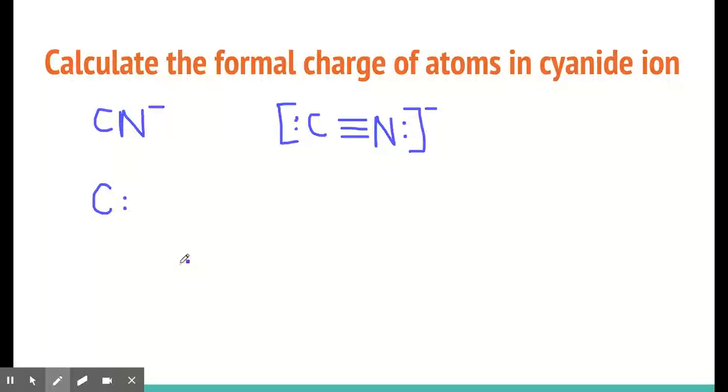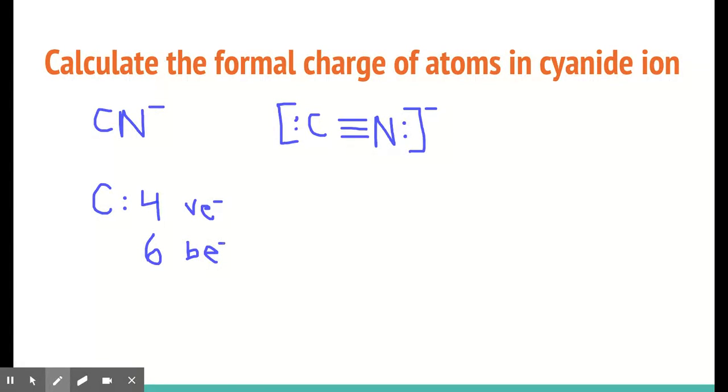How many valence electrons does carbon have? I look at my periodic table, I find which group carbon is. 1, 2, 3, 4. It has 4 valence electrons. How many bonding electrons does it have? I come up here to my Lewis structure and I have 1, 2, 3 bonds, which is 2 electrons each. So that gives me 6 bonding electrons.